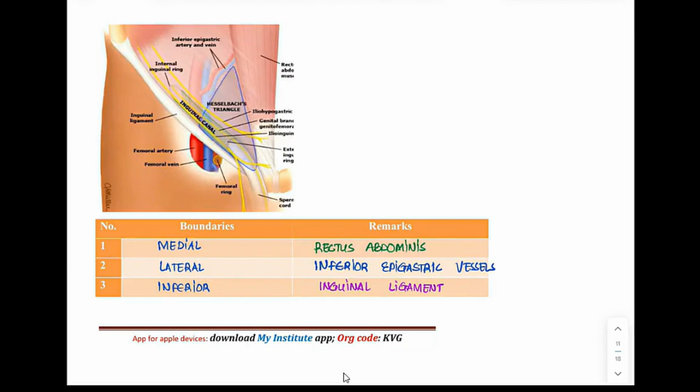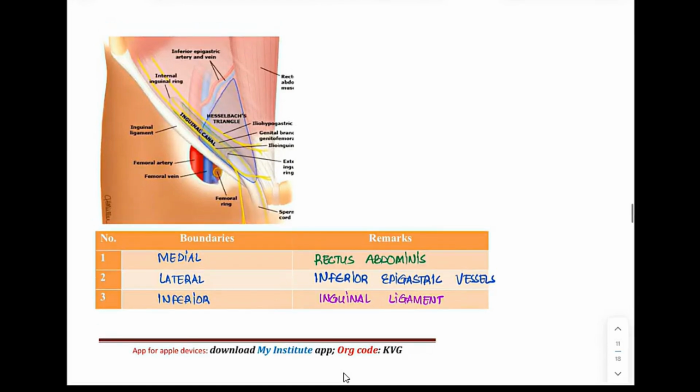Now, what is the importance of Hesselbach's triangle? For this you need to understand what is hernia. Hernia means part of GIT is coming out of the superficial inguinal ring. Clear? Now there are two ways in which it can come out.